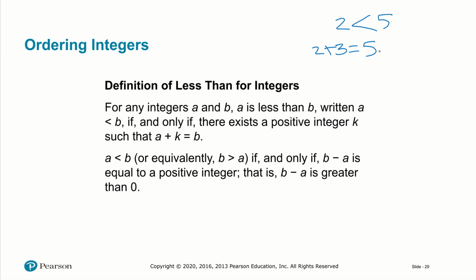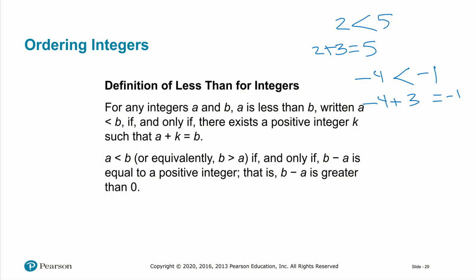Let's look at some negative numbers to get you comfortable with them. Negative 4 is less than negative 1. Why do you think that is? What is the magic number that you have to add to negative 4 so that you get negative 1? 3, right?